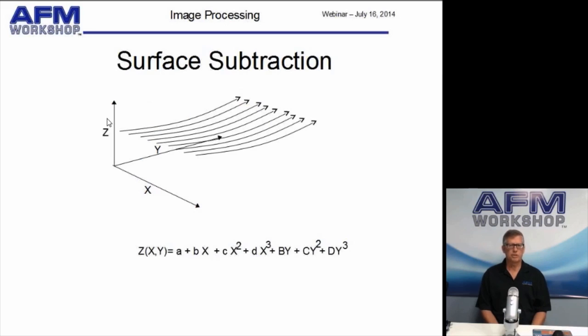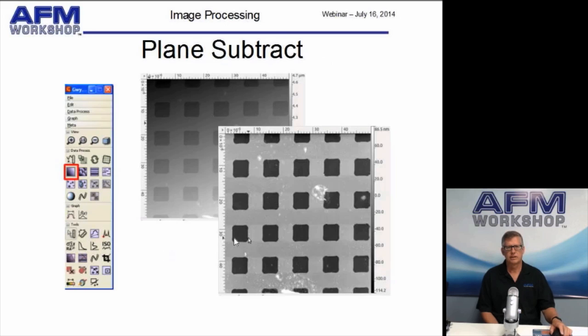In surface subtraction, what you do is you use a mathematical equation, shown here, to model or to fit an average surface to the image. And then you subtract that average surface from the image. And that's shown right here. In Gwyddion software, there's an icon that you can click.